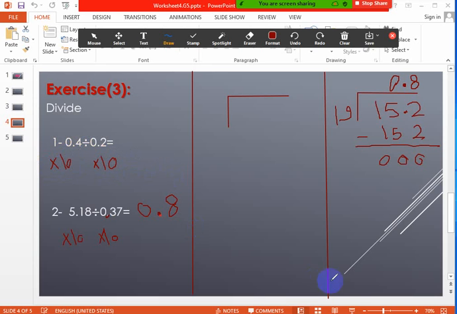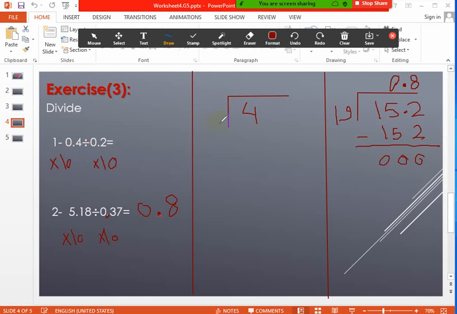0.4 multiply 10. See? 0.4 multiply 10 equals 4 because I have to move the decimal point only 1 digit to the right side.